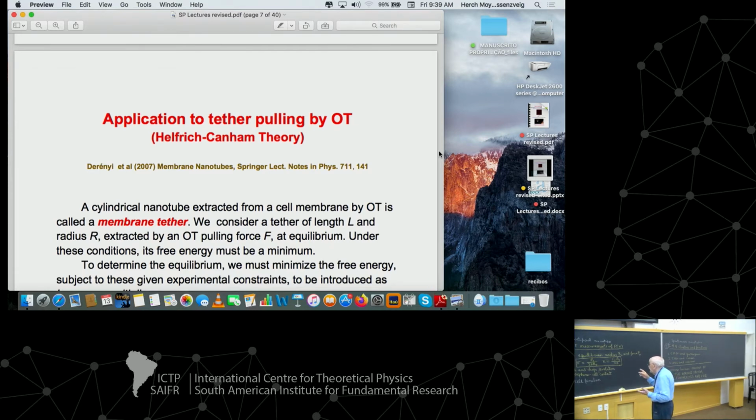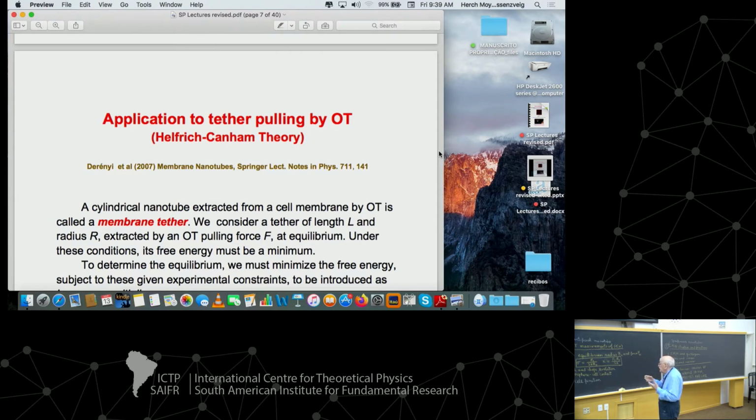The first part has to do with artificial nanotubes that you create using the optical tweezers, attaching a microsphere that is trapped by the tweezers to a cell membrane and pulling it. That extracts what is called a tether.